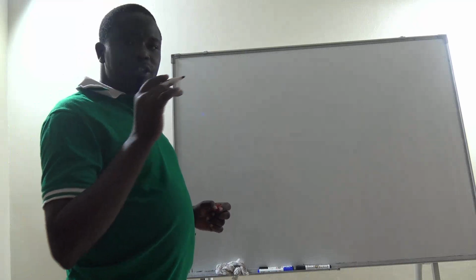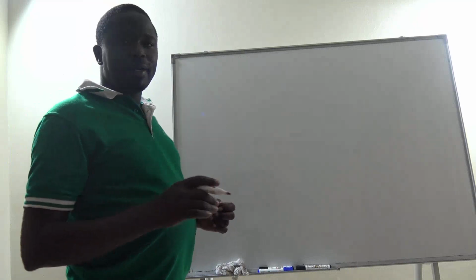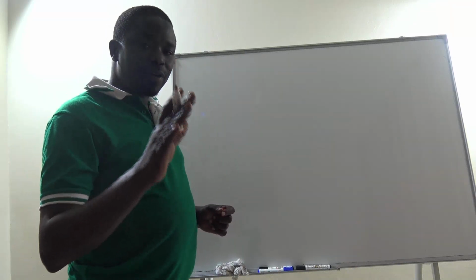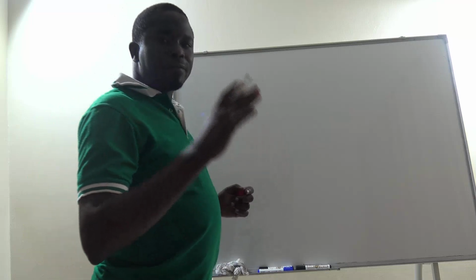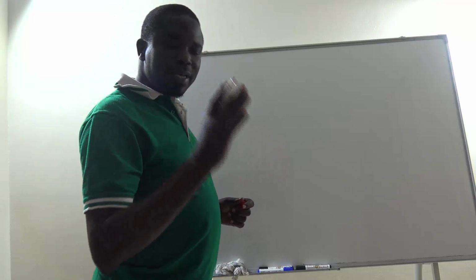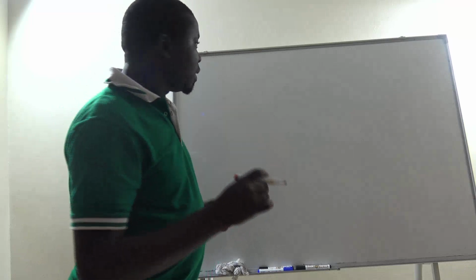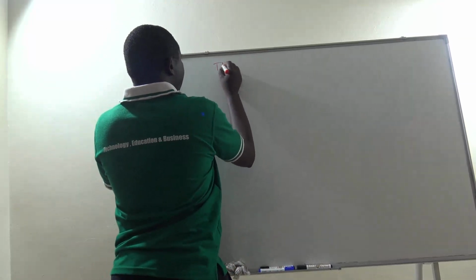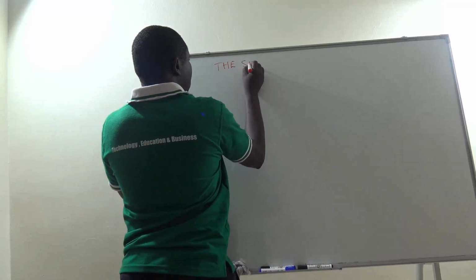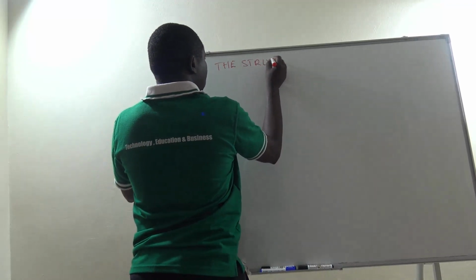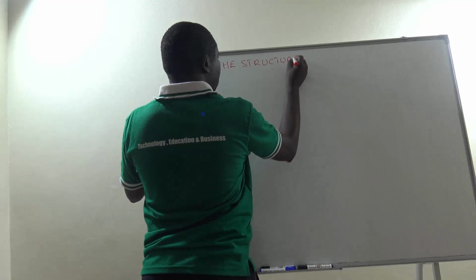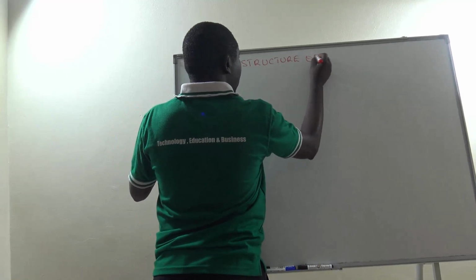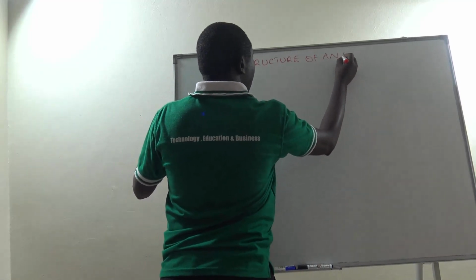We are continuing with looking at atomic structure and chemical bonding. We have already looked at what an atom is by definition. So let us now look at the structure of an atom.